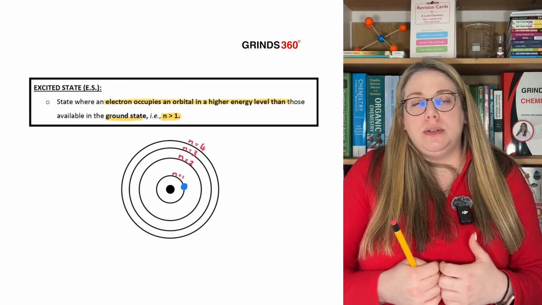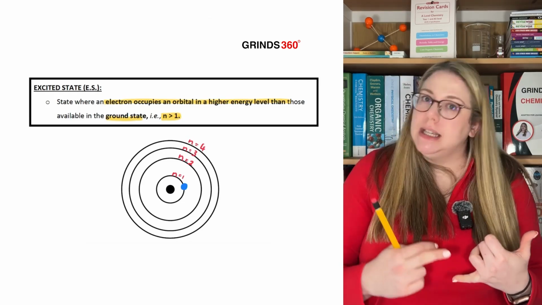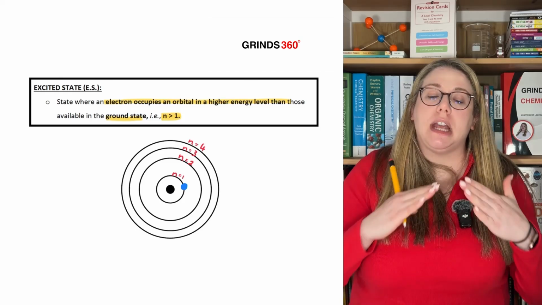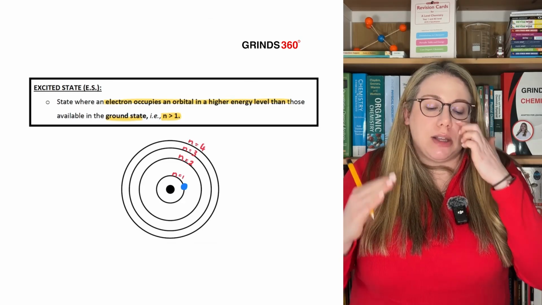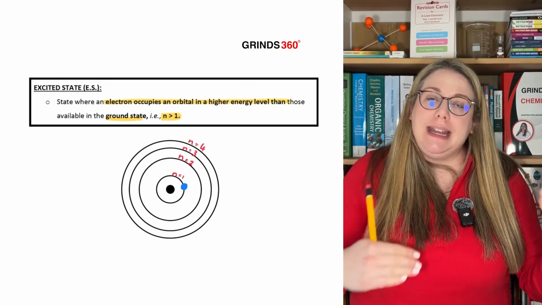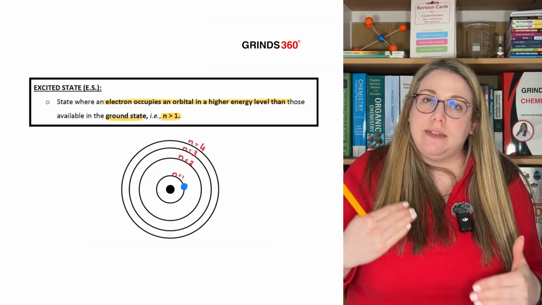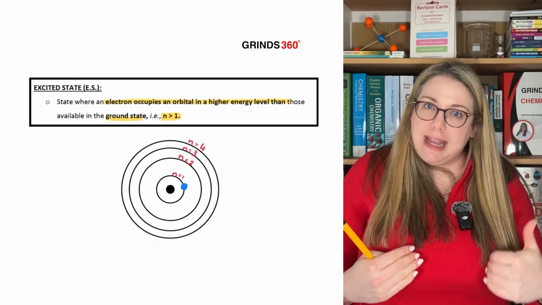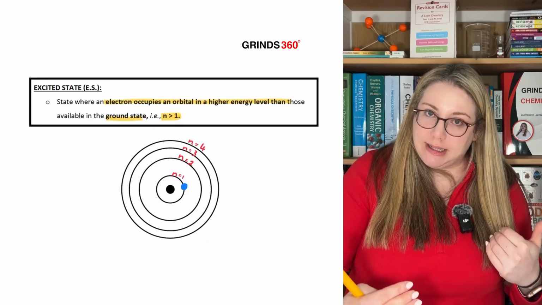And any student who used the phrase ground state in their answer actually lost a huge amount of marks. So be very careful and get into the habit of looking at what energy level is involved and where that electron is before you say ground state or excited state.